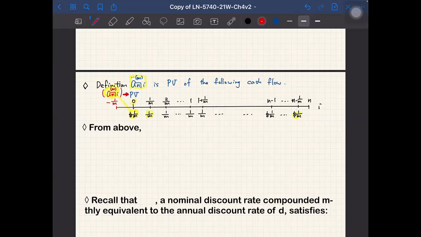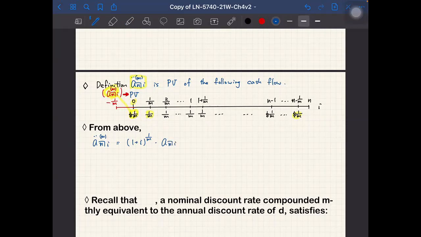So that means the a double dot angle n superscript m is equal to 1 plus i to the power 1 over m times a angle n superscript m. Because it is 1 over m year later, it accumulates interest at rate 1 plus i for 1 over m years.